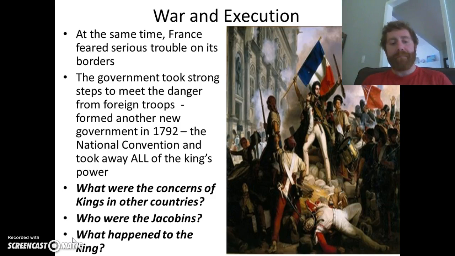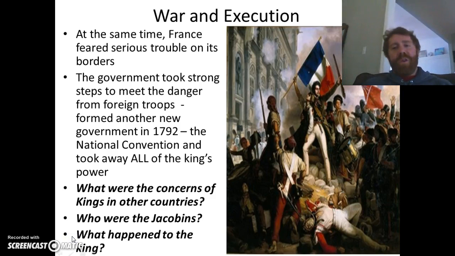The war against Austria and Prussia started off pretty badly for the French, and by the summer of 1792, the Prussians were on the outskirts of Paris. This is when the Prussian commander made the statement that the Prussians would destroy Paris if any members of the royal family were harmed, and this enraged the citizens of Paris.